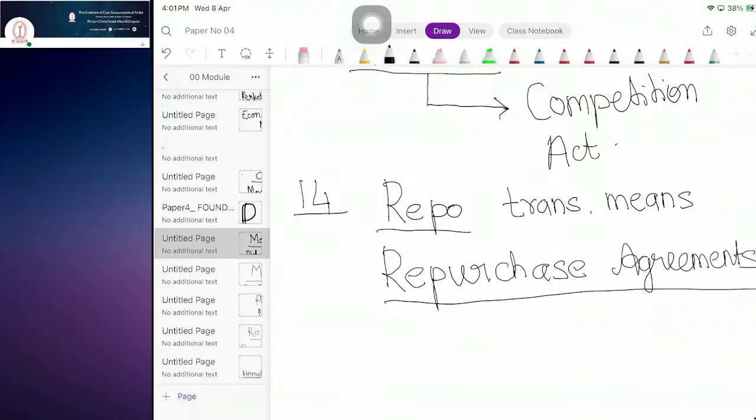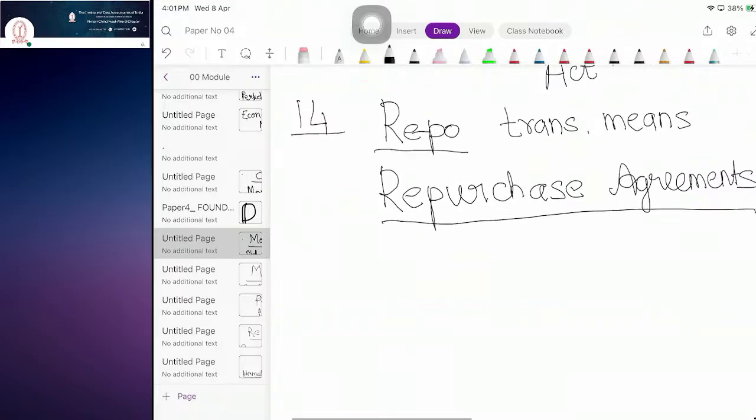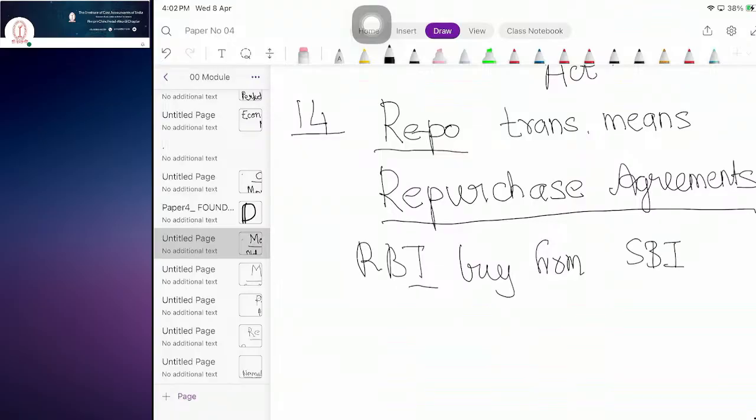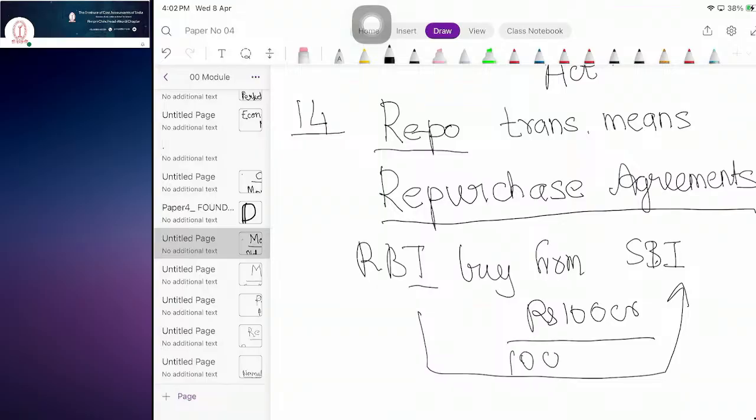So effectively that repo transaction, how it works is, say RBI buys from, let us say, SBI, securities worth, let us say, 100 crores. So what will happen? RBI buys from SBI, so RBI will pay SBI 100 crores, correct? Who is the creditor? RBI is the creditor and SBI is the borrower.